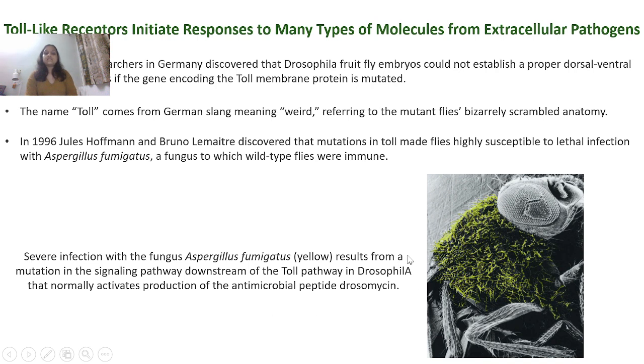This severe infection results from a mutation in the signaling pathway downstream of the toll pathway of Drosophila that normally activates production of the antimicrobial peptide drosomycin. So they found that the antimicrobial peptide drosomycin is produced in the wild type Drosophila, but not in the mutant type. So the mutant type is more susceptible to the fungal infection compared to the wild type.